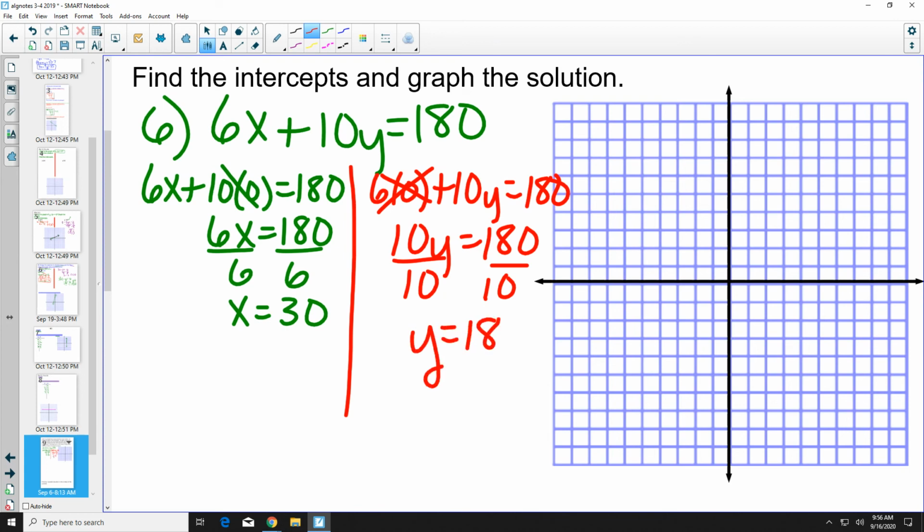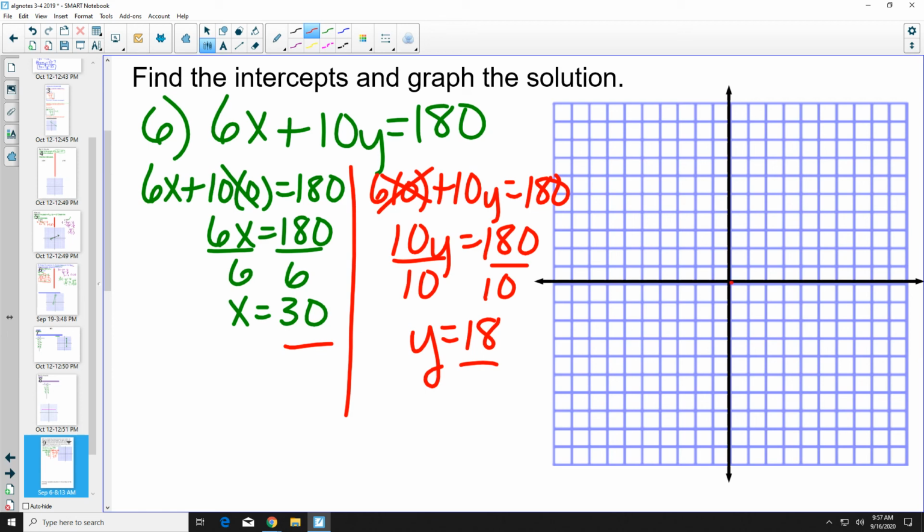Okay? So now I need to graph this. Well, I'm noticing my graph only goes to positive 10, and I need to go to 30. And I'm also noticing that 3 goes into 30 and 3 goes into 18. So on my coordinate plane I'm going to count by 3s.